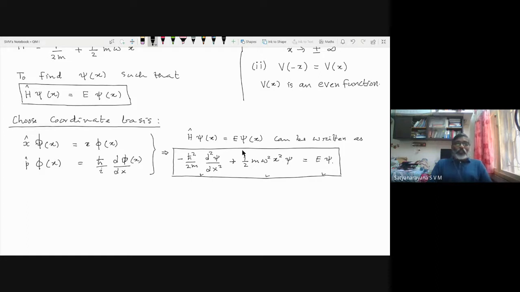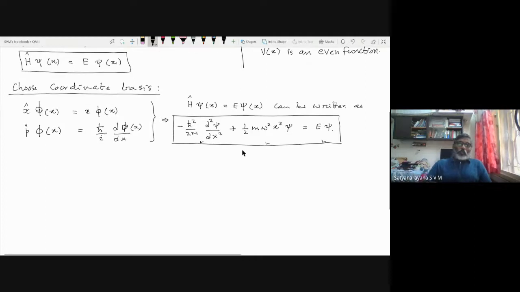Okay. Now to solve this one, let us try to do this in a few steps. So in the first step, let's try to simplify this equation.